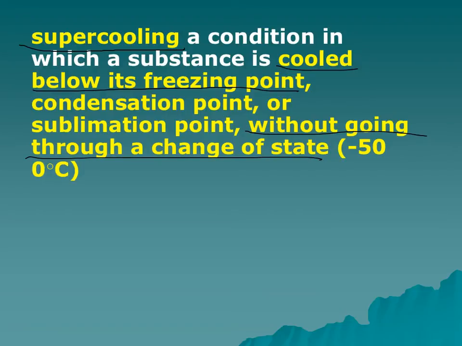Alright, and this can happen based on air pressure. Sometimes it can happen based on different things being dissolved in the water. And so anyway, when something supercools, it might not go through the phase change until something disrupts the molecules, and all of a sudden, in a snap, they will switch state.